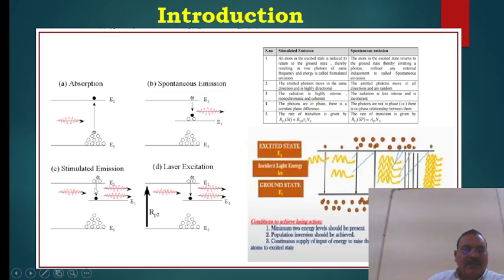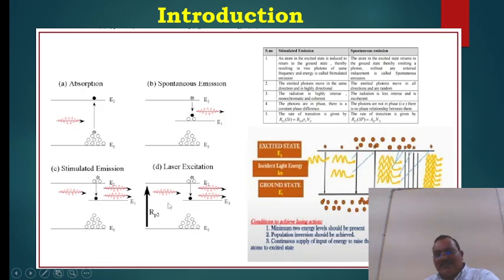In that particular situation, the number of atoms in the excited states becomes more than the number of atoms in the ground state, and this particular situation is known as the population inversion state. And once population inversion is there, stimulated emission of radiation starts, or in a nutshell we can say laser excitation starts.